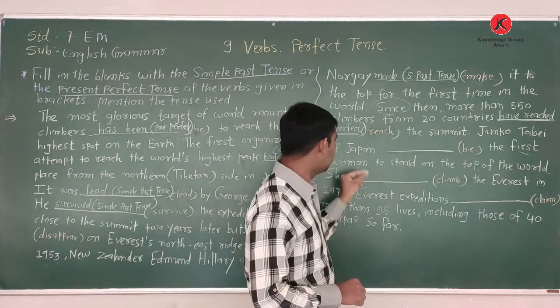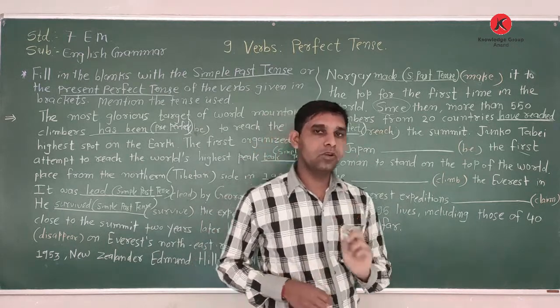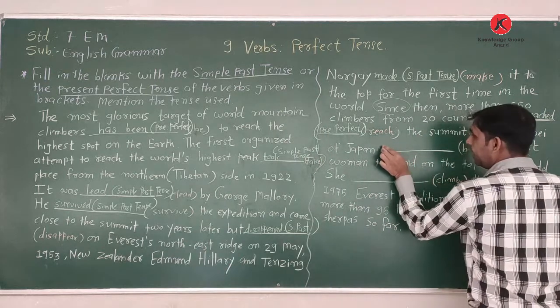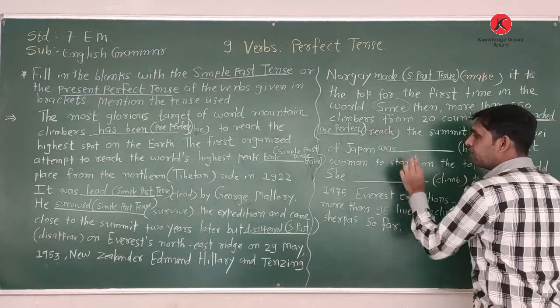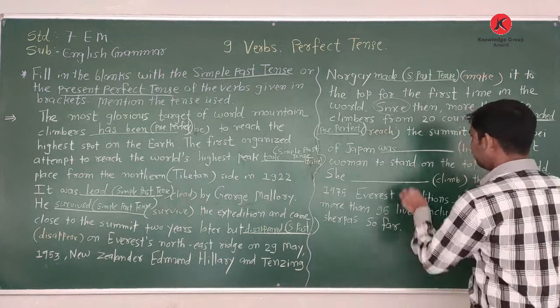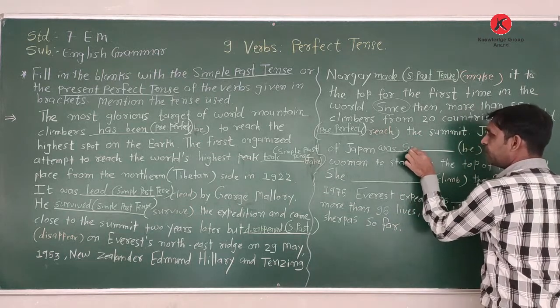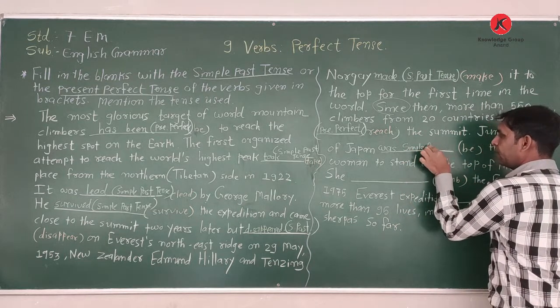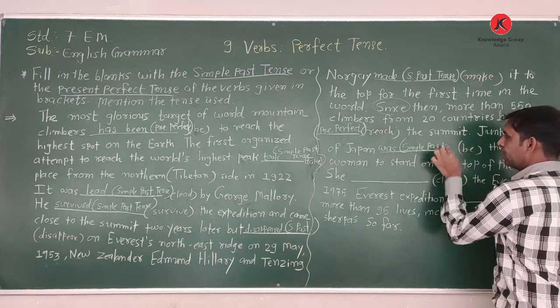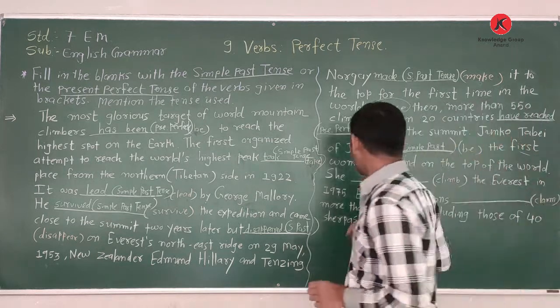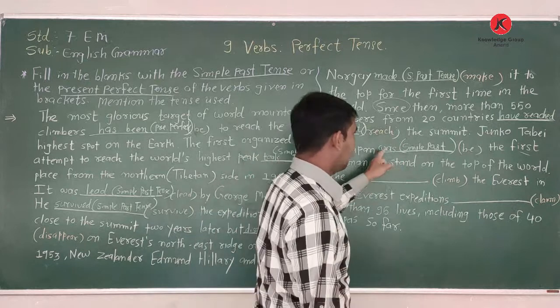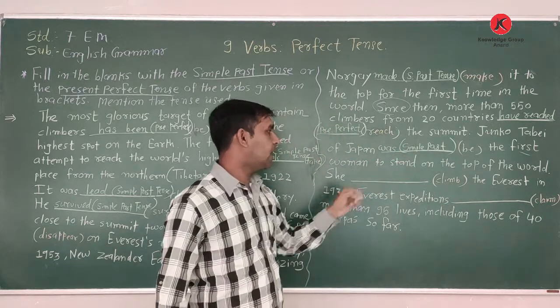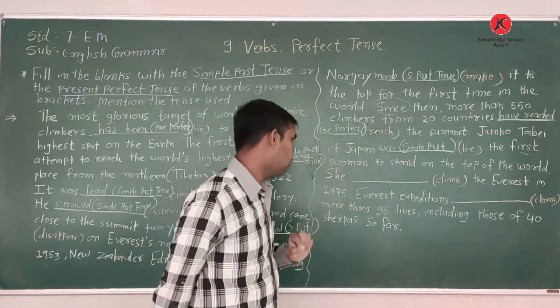Which to be form do we use? Here given a singular noun, so we write only was. Simple past tense. The to be form here is singular. The first woman to stand on the top of the world.